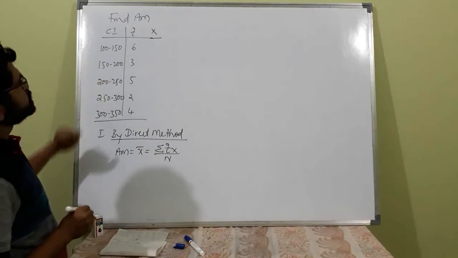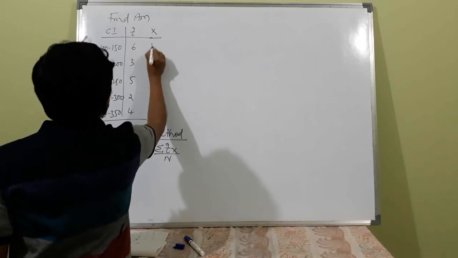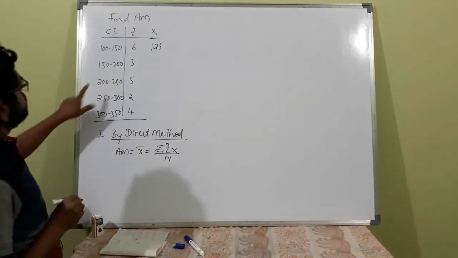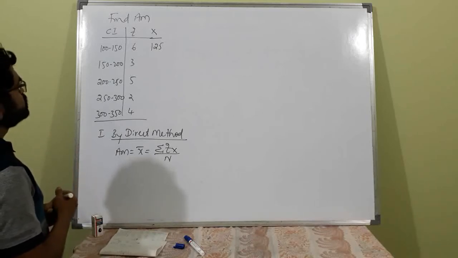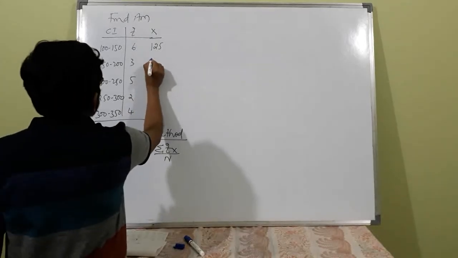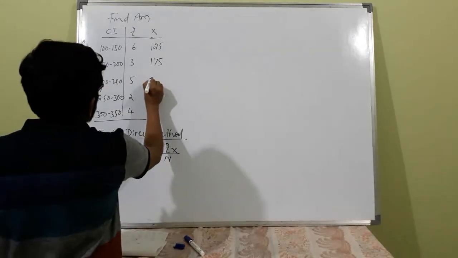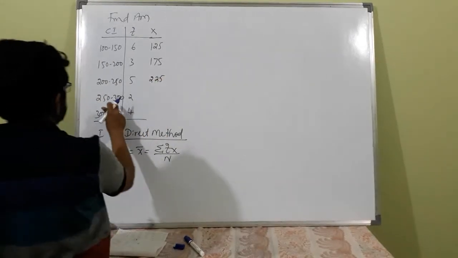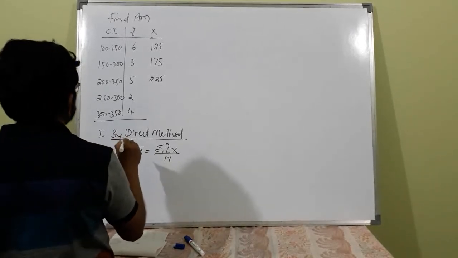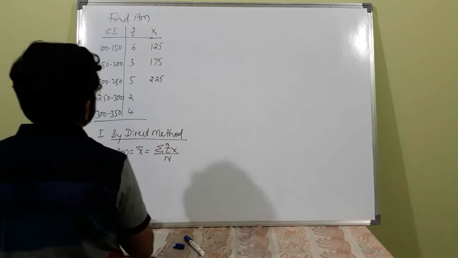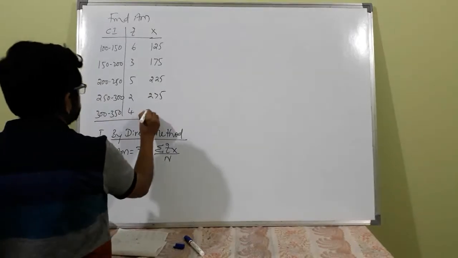Midpoint means sum of these two, 250 divided by 2, that is 125. Here it is 350. 350 divided by 2 is 175. 450, 225. This is 550. Yes, 550 means 275. Again 325.